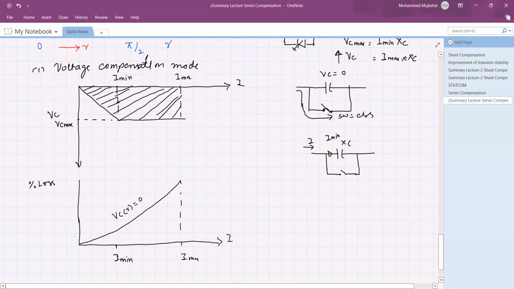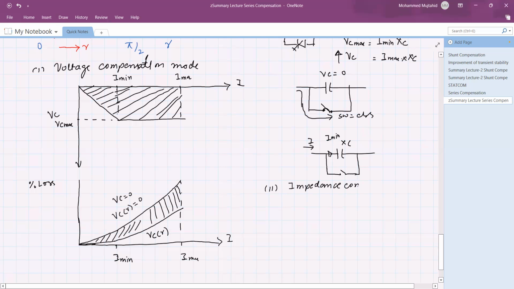The losses will be smaller. So up to the minimum value, the losses are very small, and after that minimum value of current, some losses increase. So it indicates the losses versus current, percentage loss in the current. So here VC gamma is the voltage, isn't it? Where VC is equal to 0. This is the voltage compensation.